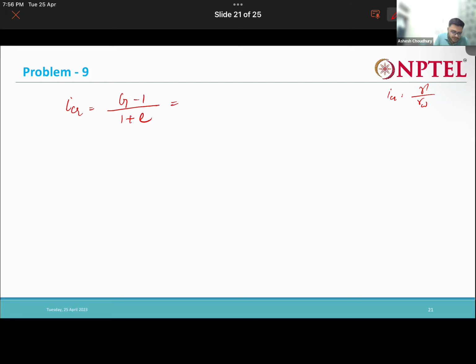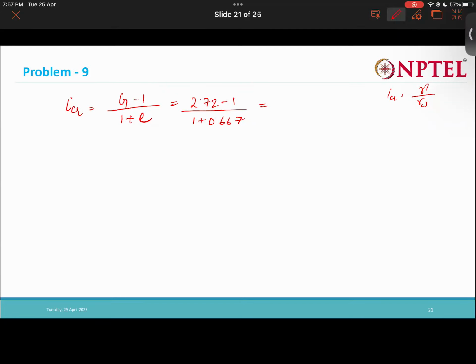So we already calculated G as 2.72 minus 1, and e also we calculated 0.667. So please calculate the i critical. 1.031. Okay, 1.03.